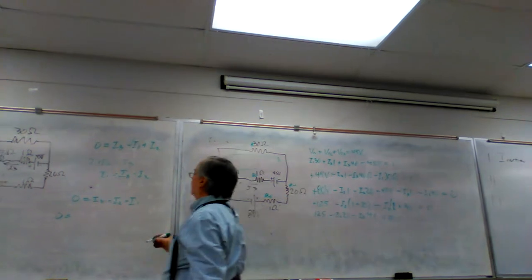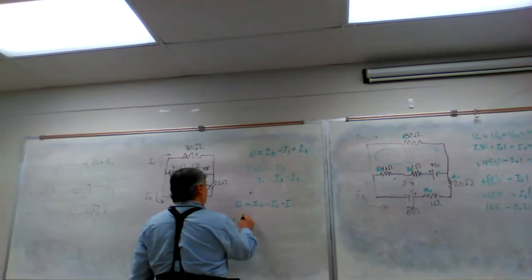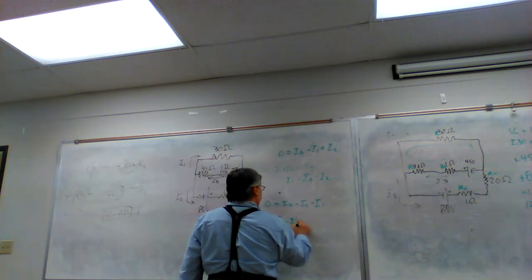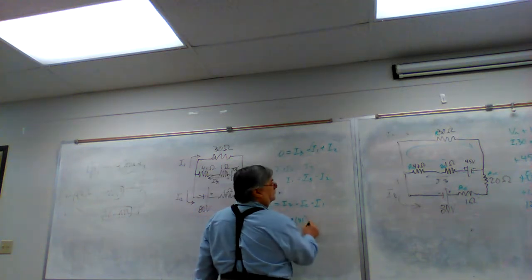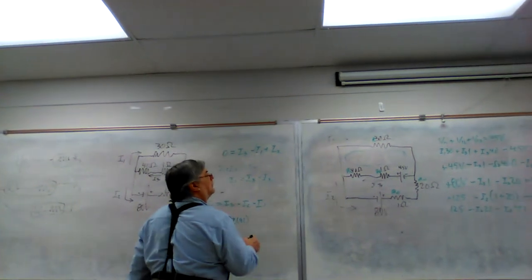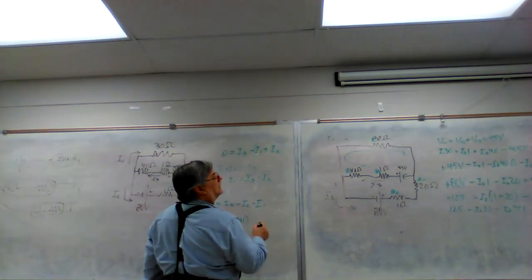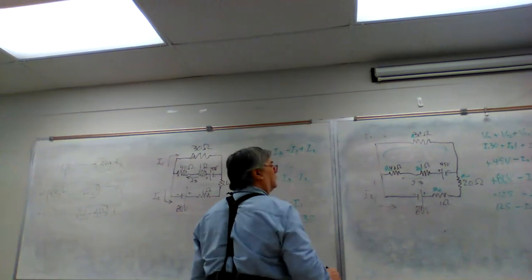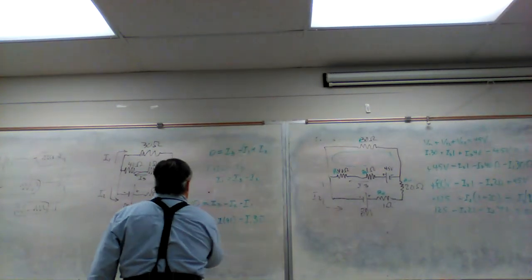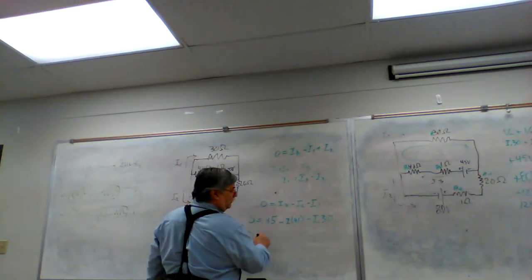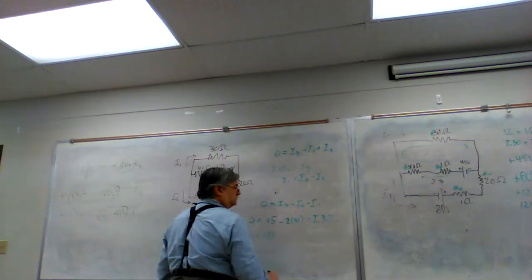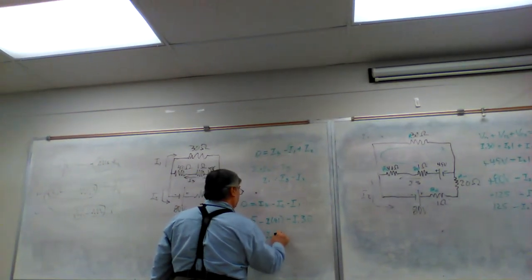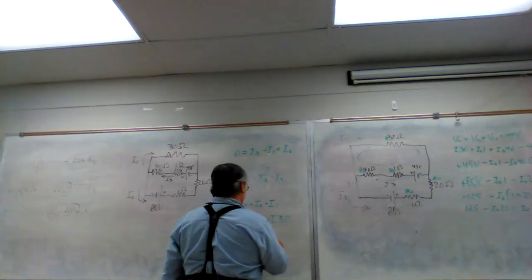Okay, 45 minus I3 times 41 minus I1 times 30. And finally, 0 equals 125 minus I2 times 21 minus I3 times 41.